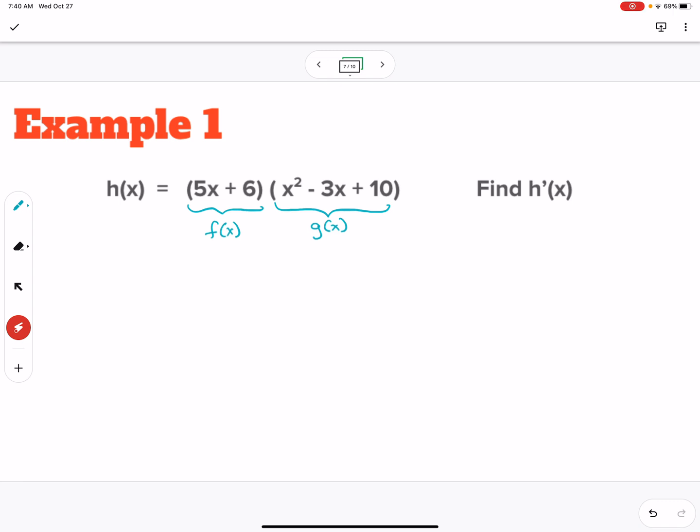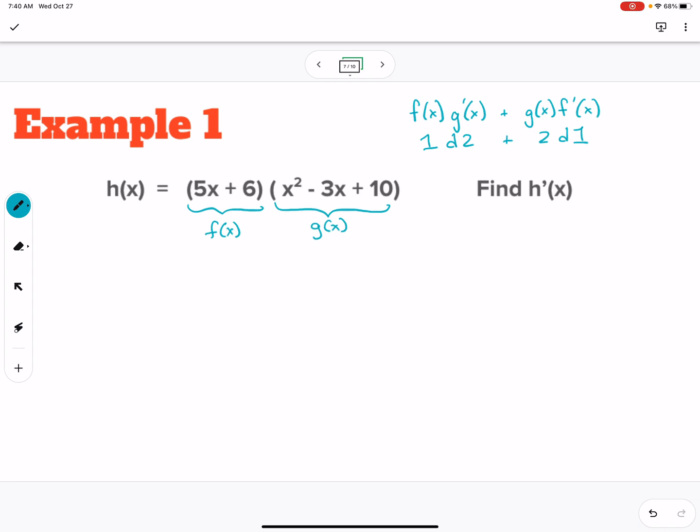Our product rule, remember, I'll write it up top so we don't forget. It's the first times the derivative of the second plus the second times the derivative of the first, or 1 d2 plus 2 d1.